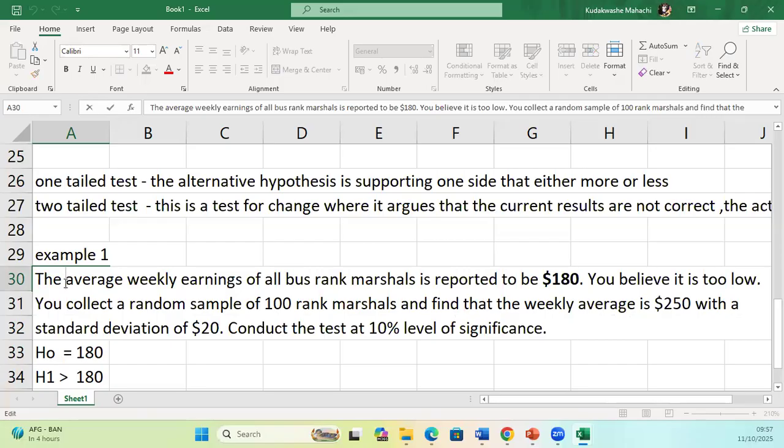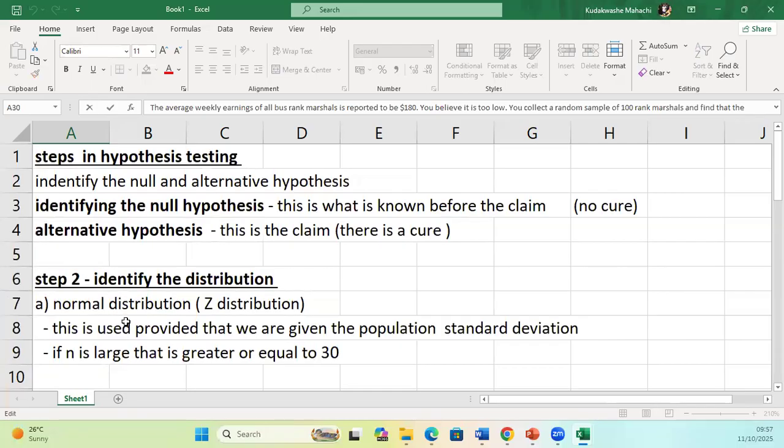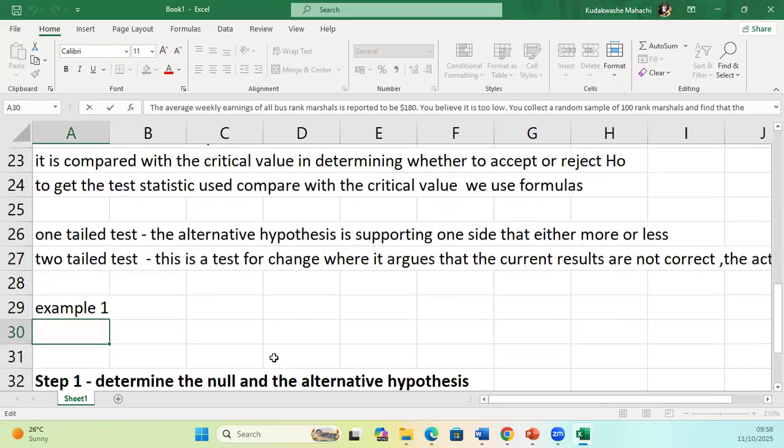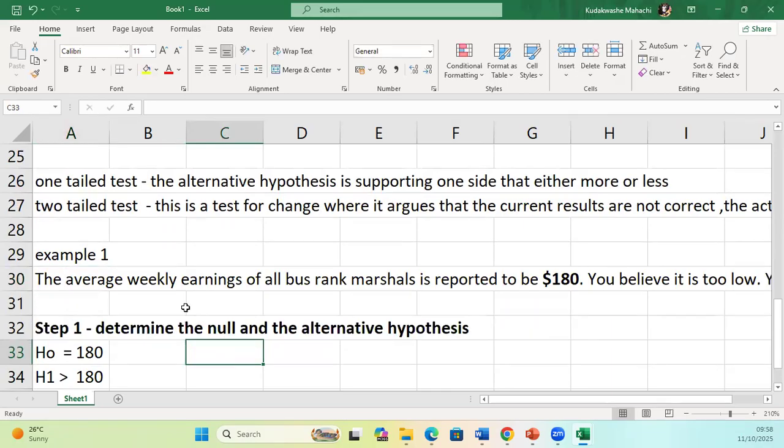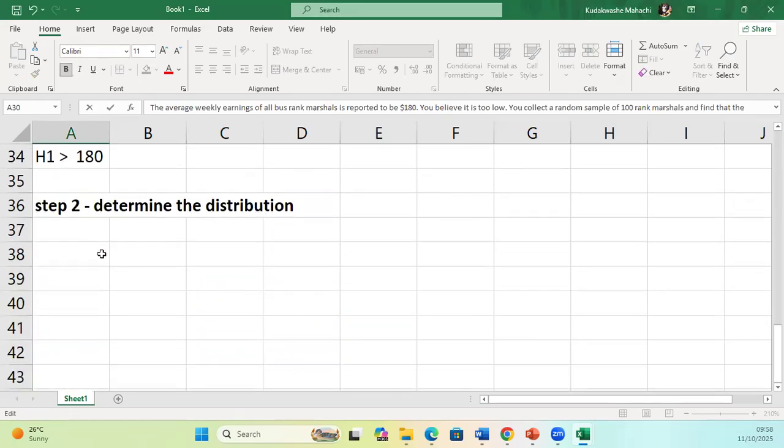We are given that you collect a sample of 100 marshals and find that the average is 250 and the standard deviation. That's a standard deviation from the sample, but we said we want the population standard deviation. So the standard deviation given is not for the population. Normal distribution is used provided that we are given the population standard deviation. We are not given the population standard deviation, but we are given the standard deviation of the sample. But the good thing is that the sample size is large.